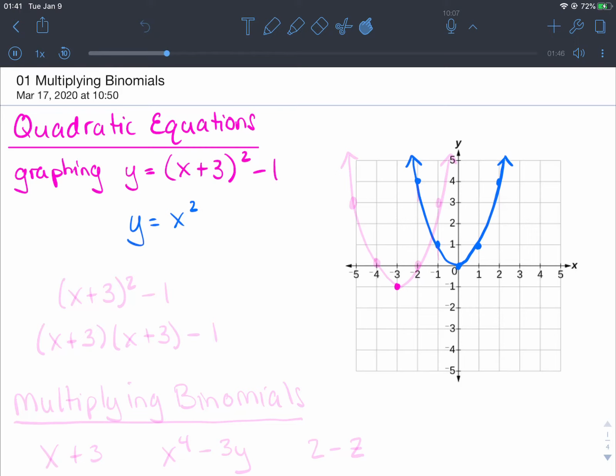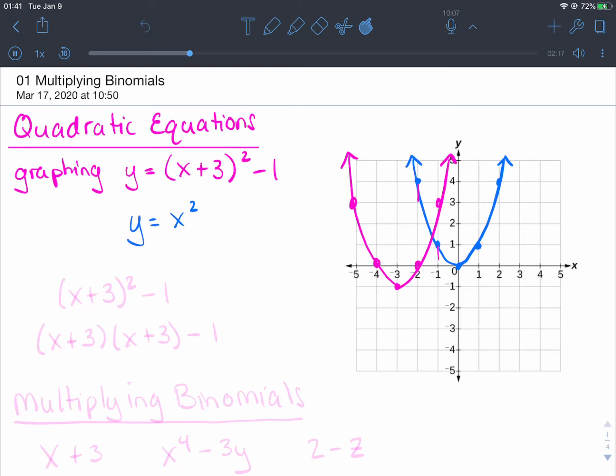And these are our new points. And we now have a curve. The whole graph has been transformed one unit down and 3 units left.